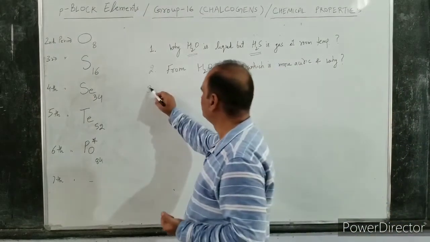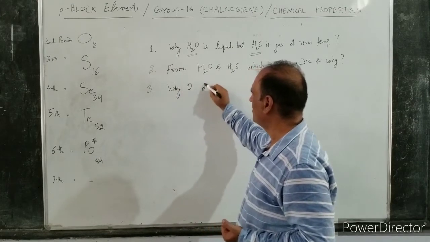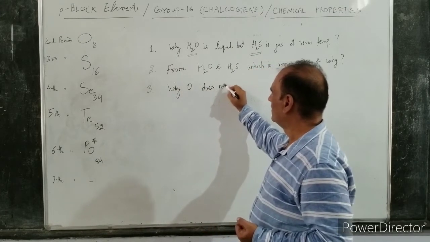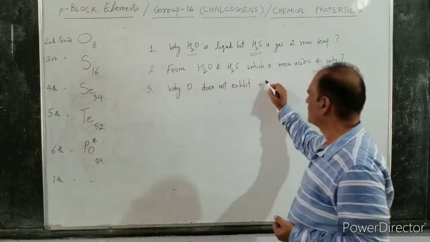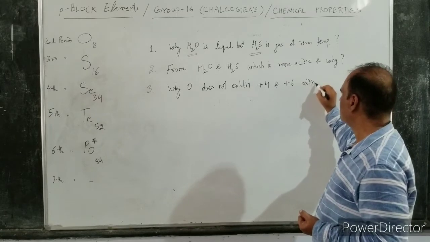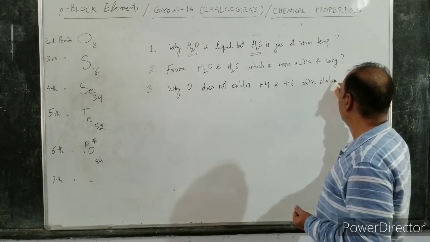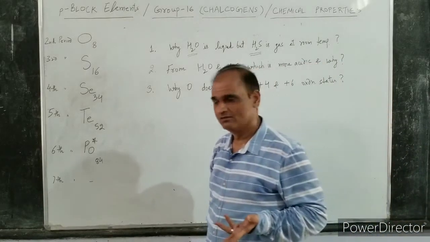Then third is, why does oxygen not exhibit +4 and +6 oxidation states like other chalcogens, you know, d-block.